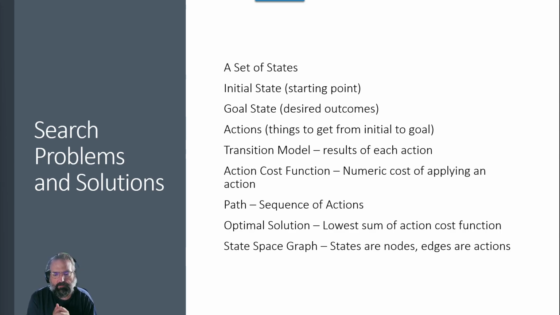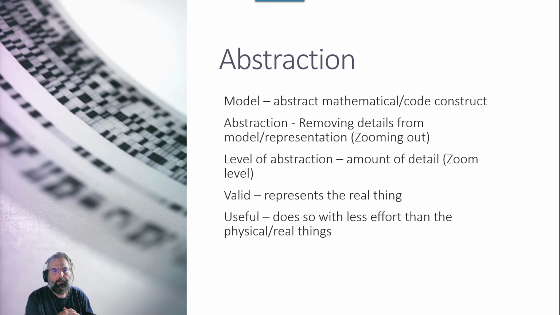The path is a sequence of actions, and then the optimal solution is the lowest sum of action cost functions to reach your solution. And then the state space graph: states are nodes, and edges are actions or transitions between states, which is a normal way of modeling state transition diagrams.